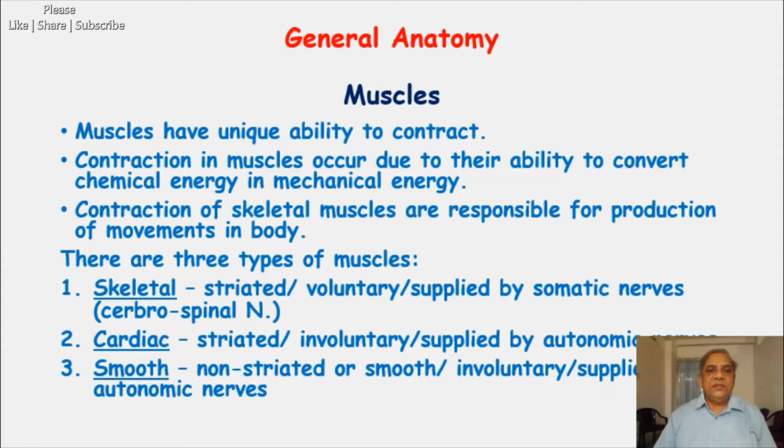Then this muscle, skeletal muscle, is also called the voluntary muscle, because this acts as per your will. That means the contraction of the skeletal muscle is under your control. And why is it under your control? The reason is that these muscles are supplied by the somatic nerves. Somatic nerve means those nerves which take origin from the brain in the form of the cranial nerves.